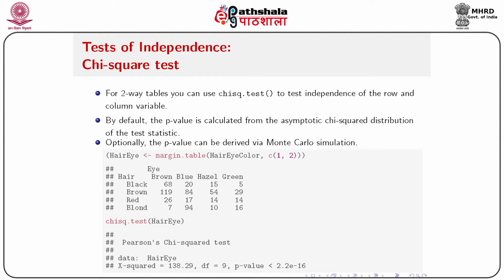So now we make that Hair Eye three-way table into a two-way table by summing up the gender information. Then that table can be passed through chisq.test, and it will give you the chi-square value, the degrees of freedom, and the p-value. And the p-value, as you can see, is much lower, so it is statistically significant.